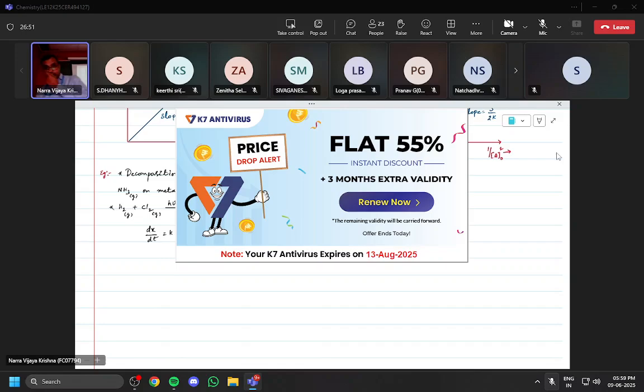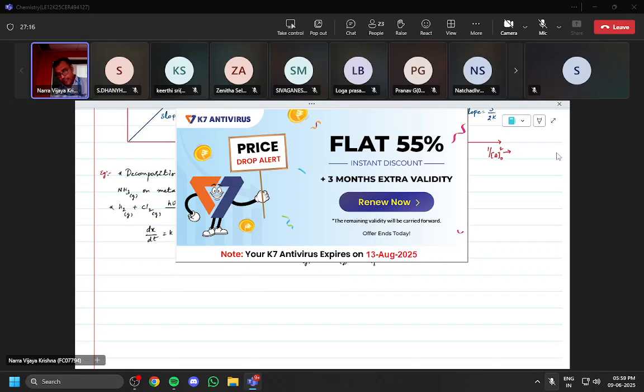4, 4. Similarly, decomposition of hydrogen iodide. If it is done on metal surfaces, zeroth order kinetics. Otherwise, it is second order kinetics. So decomposition of hydrogen iodide: 2HI gives H2 plus I2.